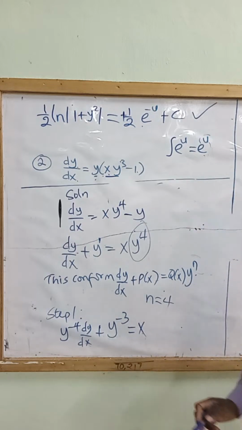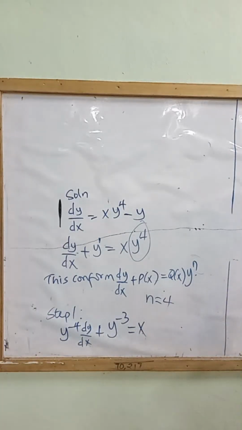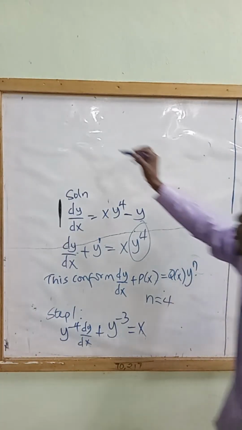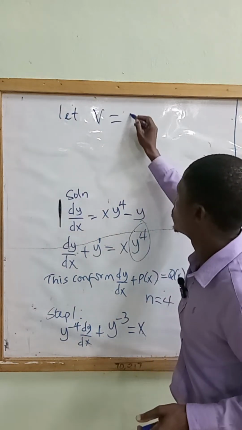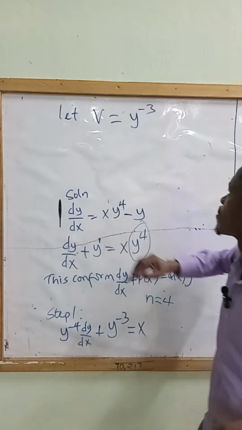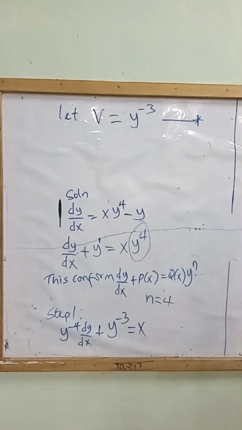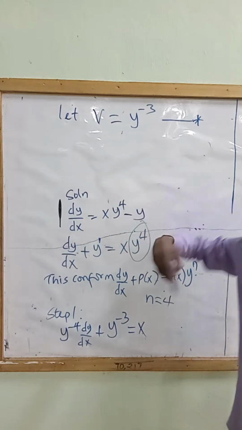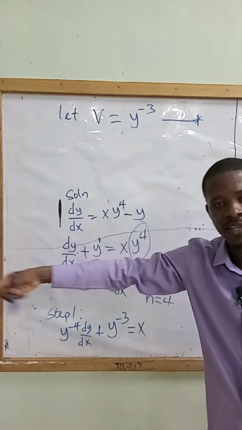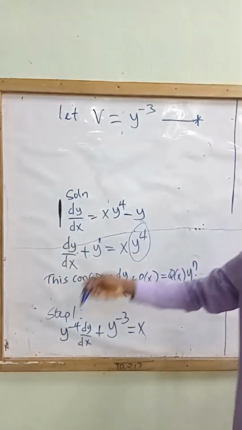This is where we are now. Then the next thing to do is to let v be equal to y to the power minus 3. Call this equation star 1. Then differentiate this implicitly with respect to x.